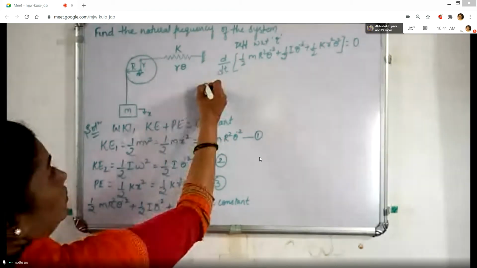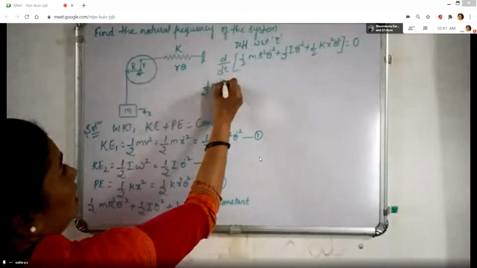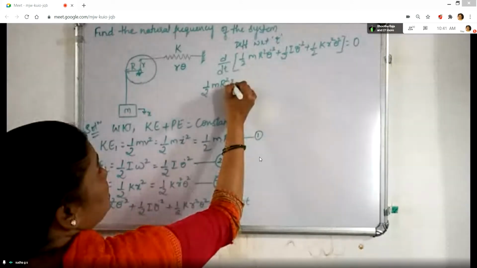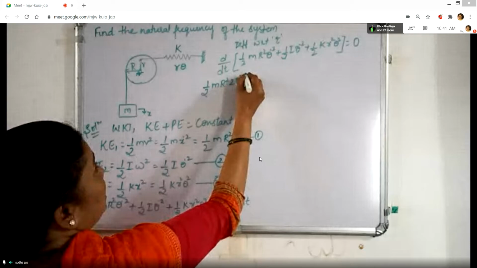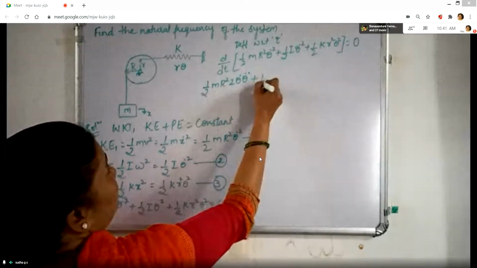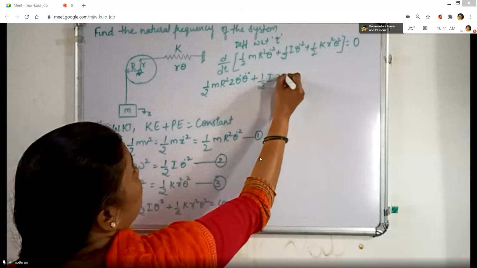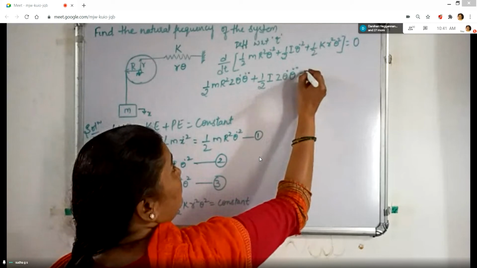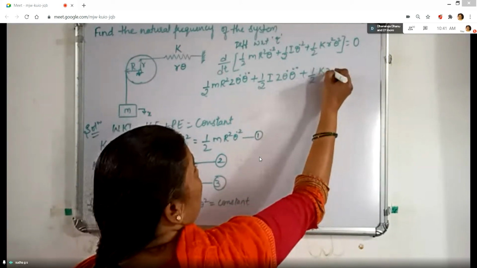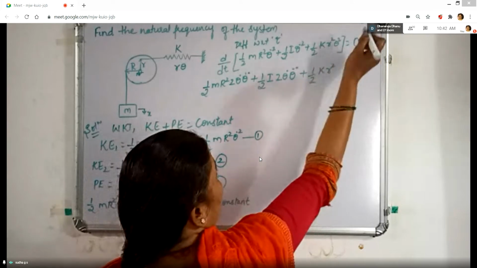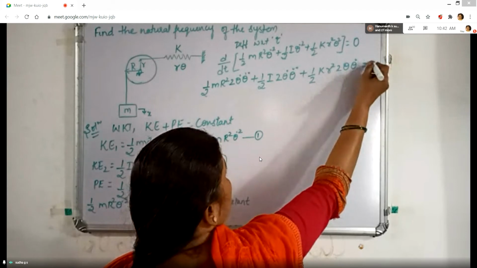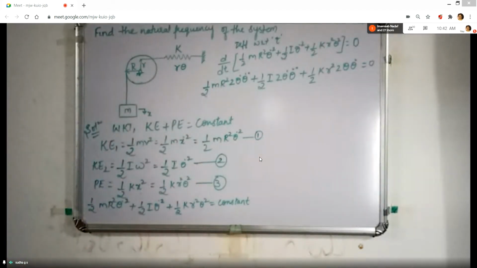What do you get? 1 by 2 m r square, differentiation of theta dot square is 2 theta dot theta double dot, plus 1 by 2 I 2 theta dot theta double dot, plus 1 by 2 k r square, differentiation of theta square is 2 theta theta dot, equals to 0, right?